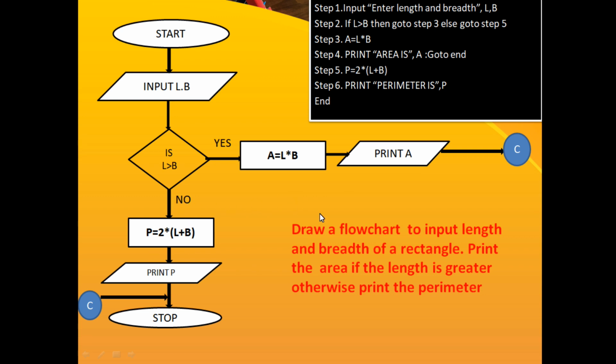All right, so that's the job of the connector, or in an algorithm, the same job is being done by the goto statement. Goto ensures that the statements following over here are not executed. So it's the connector or the goto that takes you directly to the stop. That's how connectors are used in a decision making program.